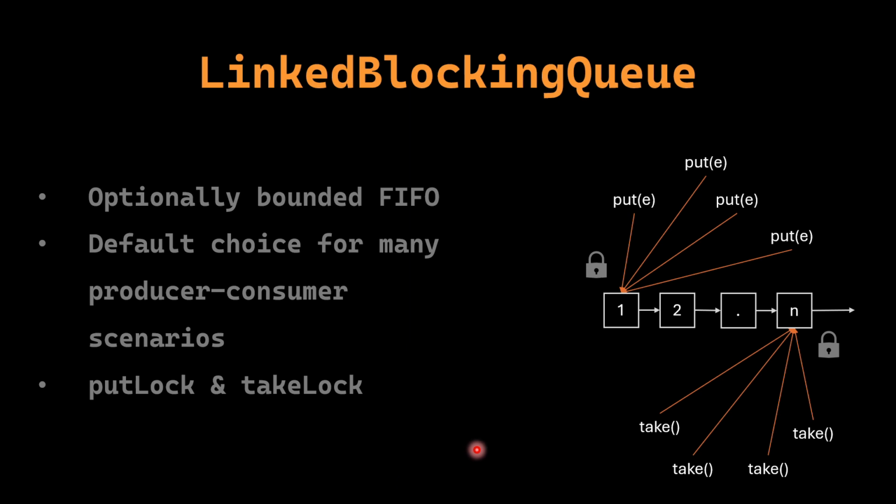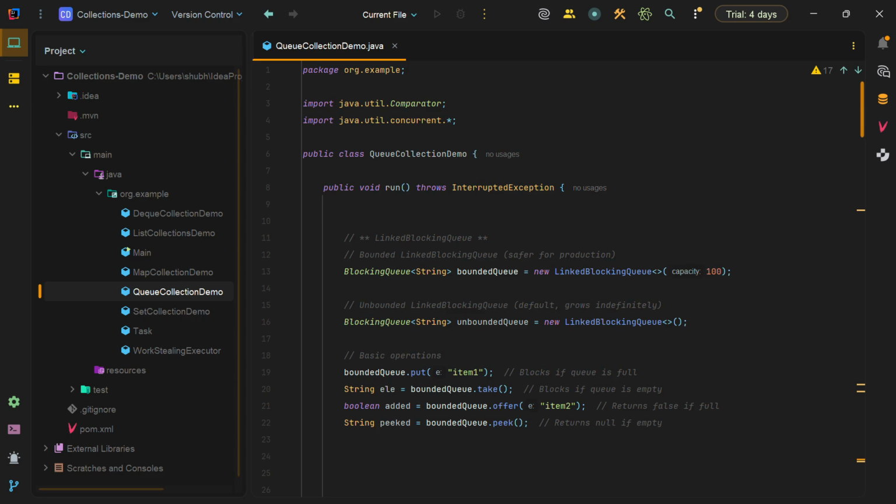Here is how to use LinkedBlockingQueue in practice. LinkedBlockingQueue can be created as either bounded or unbounded. The bounded version helps prevent memory issues by limiting growth, while the unbounded version provides maximum flexibility.